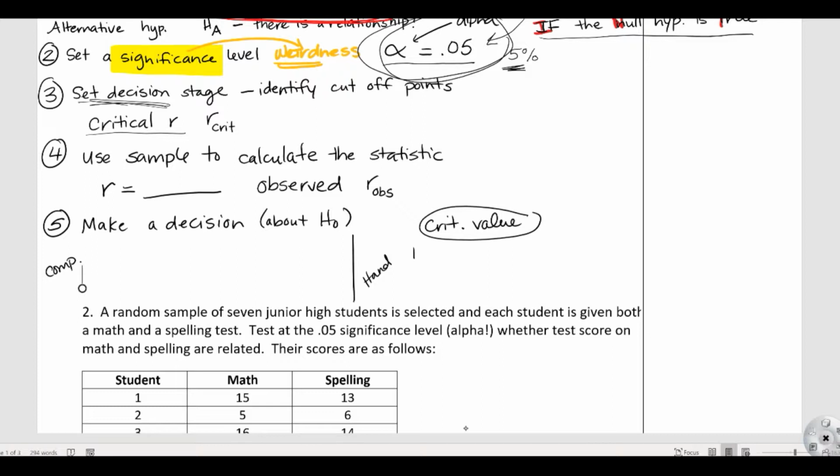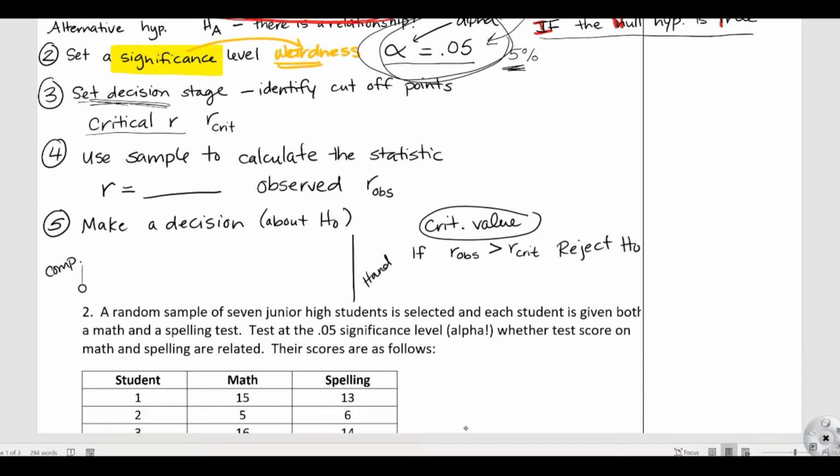So if our observed R that we got from our sample is bigger than the critical R that we got from the table, then this means our correlation from our sample is so big or so strong that there's less than a 5% chance of getting it if the null hypothesis is true. So in this case, we would reject the null hypothesis and go with the alternative.